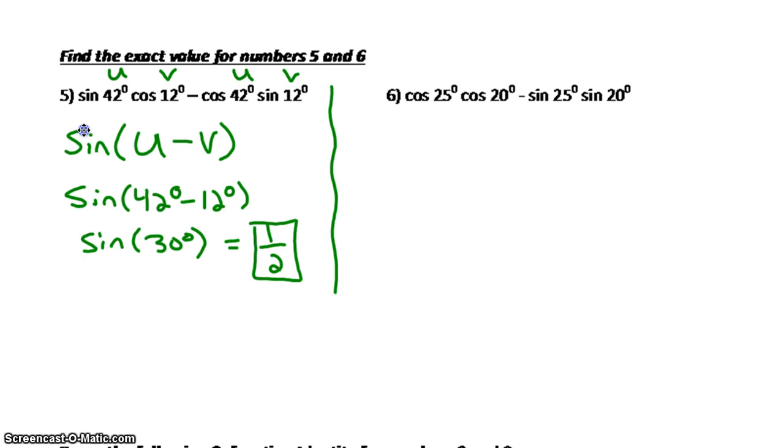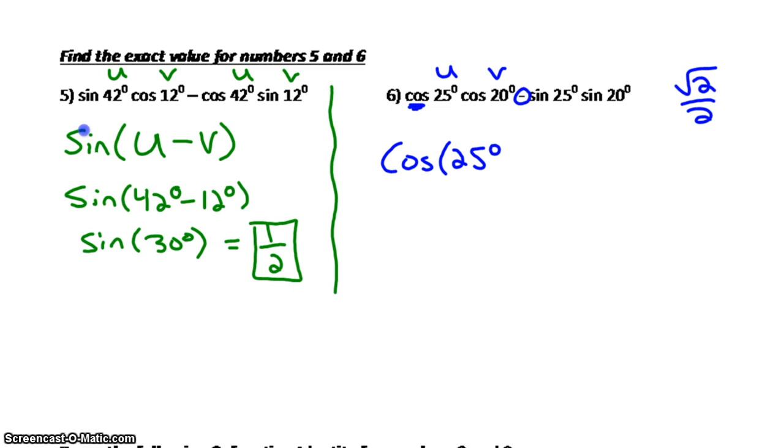Well, welcome back. If you actually did what I said, you tried this problem, you should get an answer of radical 2 over 2. How that is gotten is we would have a u of 25 and a v of 20 degrees, and this time we're working with cosine. So cosine of 25 degrees, and what does this subtraction mean?